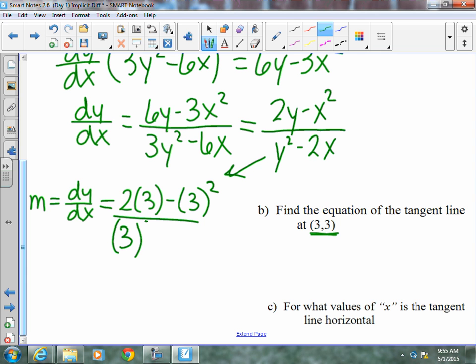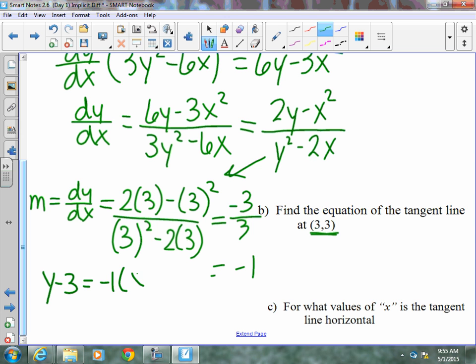Over 3 squared minus 2 times 3. We end up with 6 minus 9, so a negative 3 at the top, and at the bottom 9 minus 6, 3, or a slope of negative 1. So the equation of our line, y minus 3 equals negative 1 times x minus 3. y equals negative x plus 6 when we simplify.